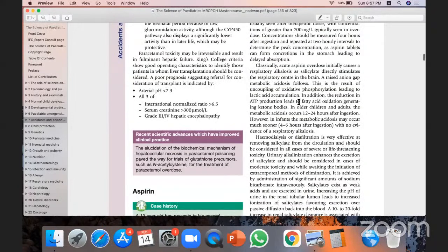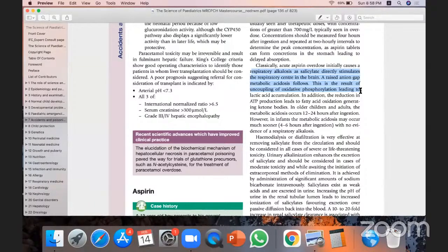There are features of respiratory alkalosis in children, but in small children, remember, this respiratory alkalosis may not be present. Why does this respiratory alkalosis occur? Because it stimulates the respiratory center, and that's why it causes hyperventilation. So all the carbon dioxide is washed out and creates respiratory alkalosis. Then with compensation, there is metabolic acidosis.